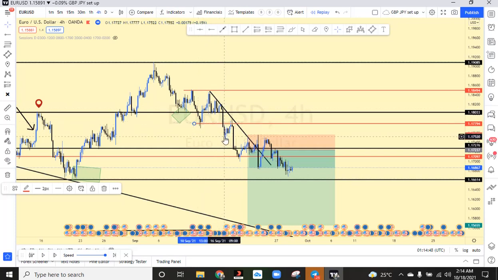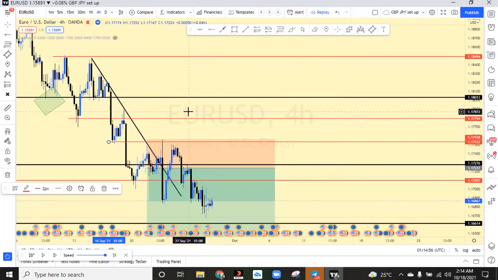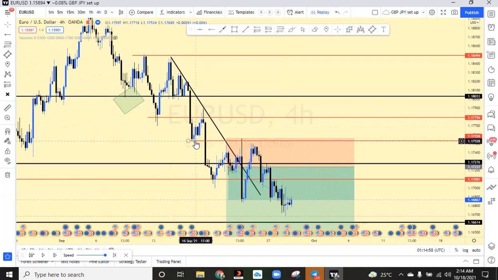When it broke out, it found another new support around here. And then what happened? When price found support here, it pushed to the upside and found here to be resistant and pushed down with full force, found support here, pushed to the upside again.